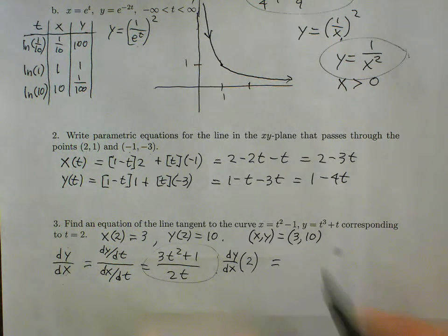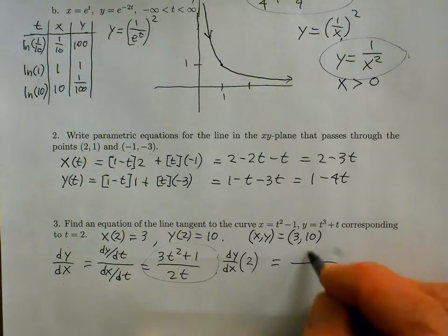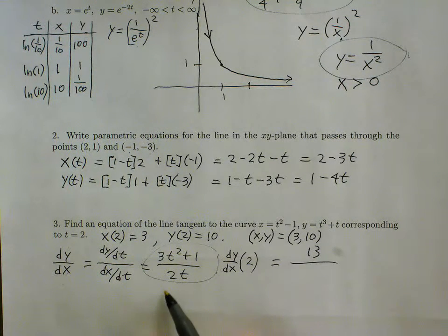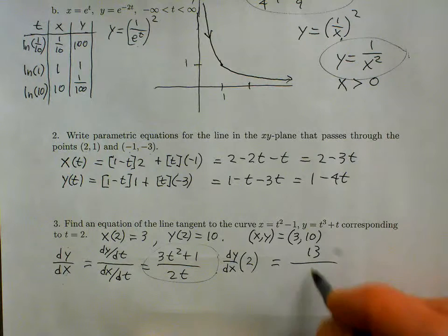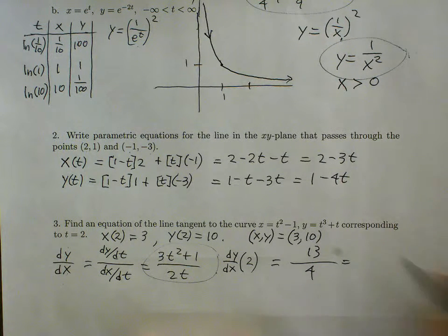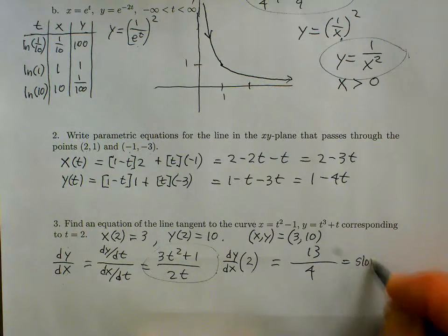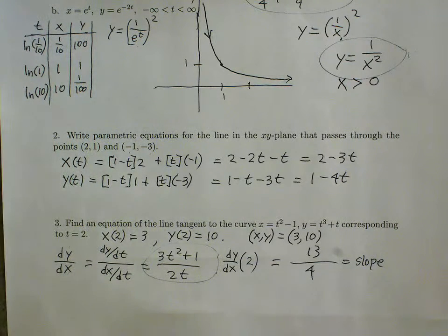Okay, so in the numerator, 3 times 2 squared plus 1 is 13. And in the denominator, 2 times 2 is 4. So this is the slope of the tangent line that passes through the point (3, 10).